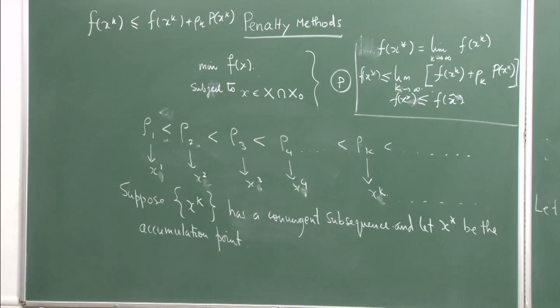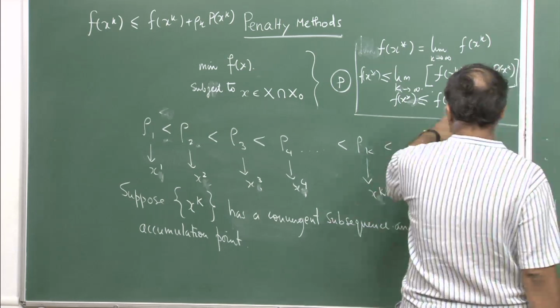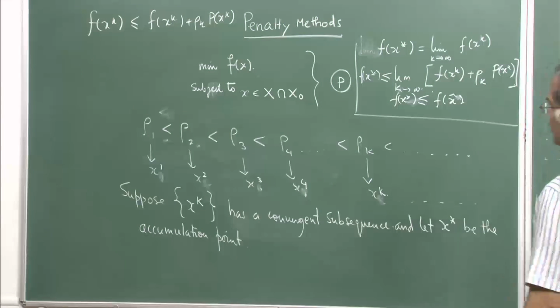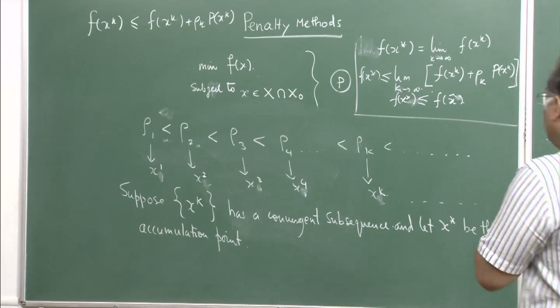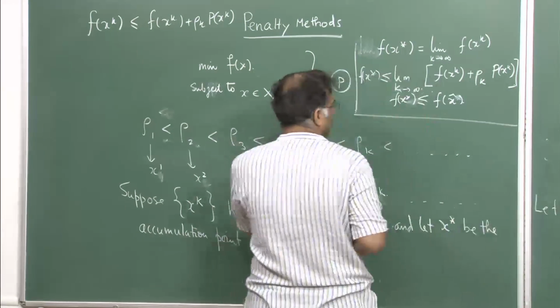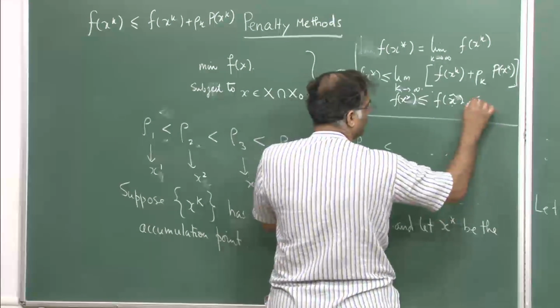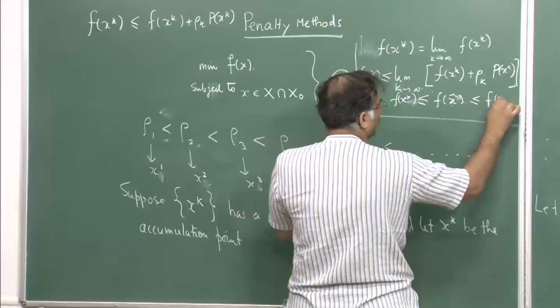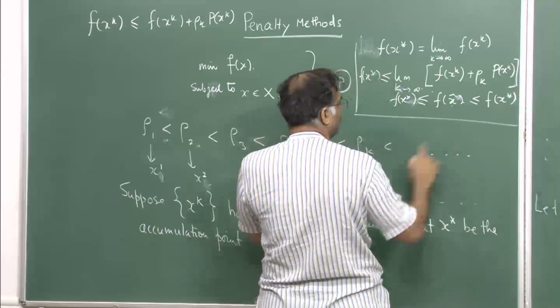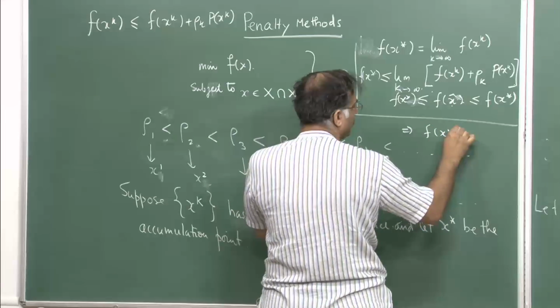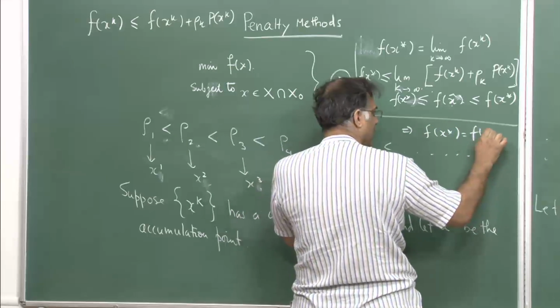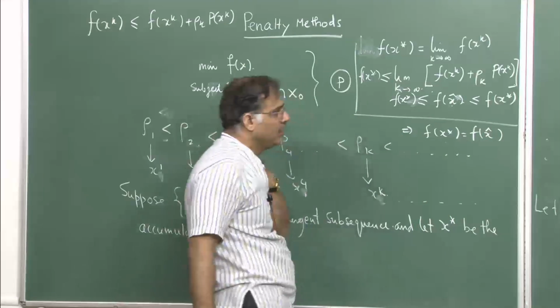So, let f of x hat be a solution to the original problem, a global minimum. Since x star is feasible to the original problem, f of x star must be equal to f of x hat, and hence x star is also a solution.